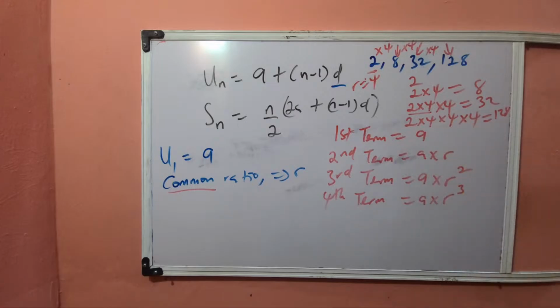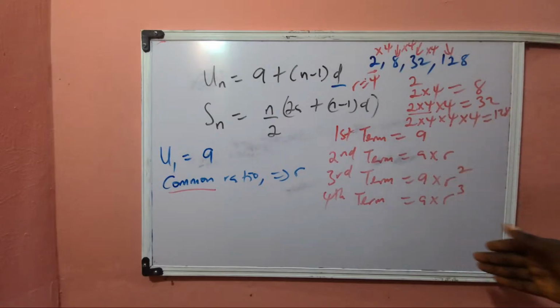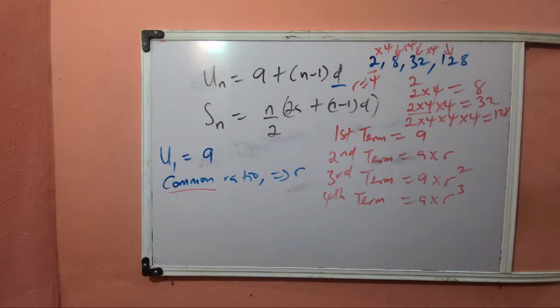That was how we got r cubed. So this is the basis on which we're able to talk about the common ratio and the terms of a GP. So we have the first term given as a every time. The second term will be a times r, ar. The next term will be a times r squared. You need to master the model at which this moves. And then you can go on to, for instance, if I ask you, what is the 10th term?